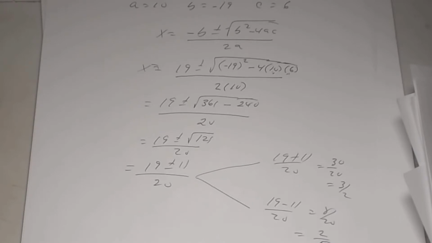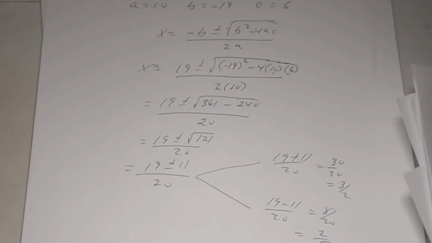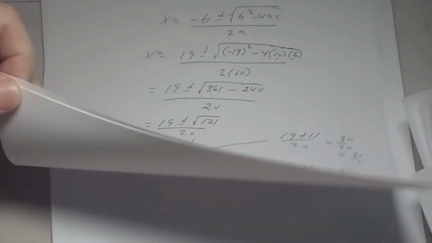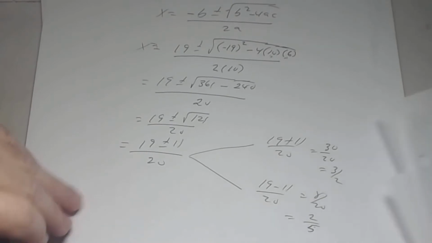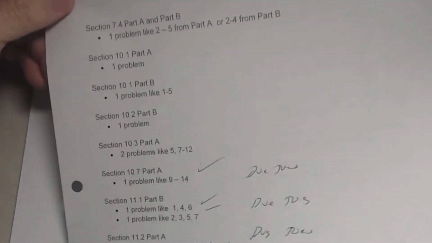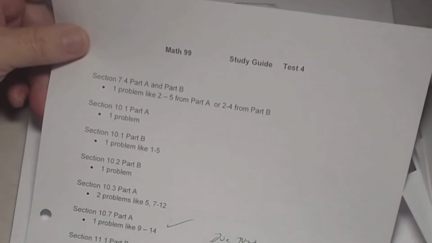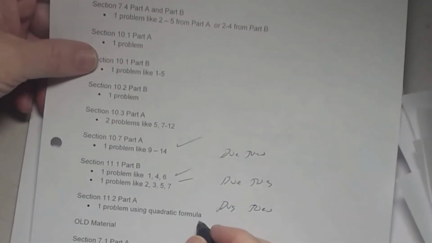Okay. So on your study guide, go and take that study guide out. That was 11.2, part A. So you are going to have to use the quadratic formula.